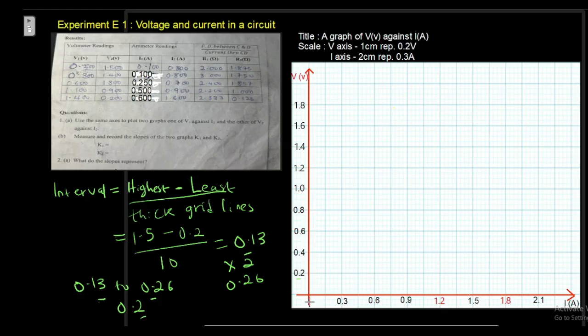Each big box bounded by the thick grid lines is 1 cm. So we say 1 cm represents 0.2 volts. And then for the y-axis, the same method we used in getting our scale for the V axis, we're going to apply it again.